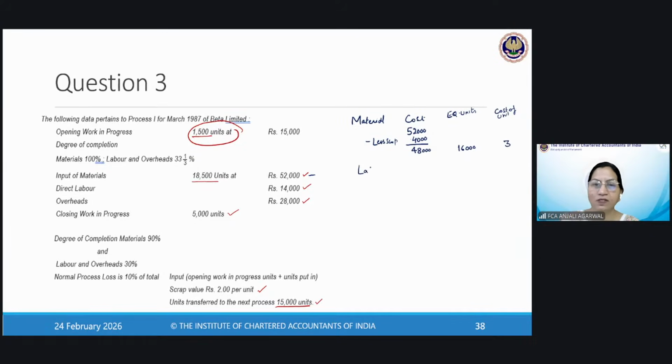What is the second cost? Labor. Element is labor. What is the total cost? 14,000. Clearly mentioned. How many equivalent units? 14,000. So what is the cost per unit for labor? 1 rupee. So every time labor is employed, it will cost us 1 rupee per unit.